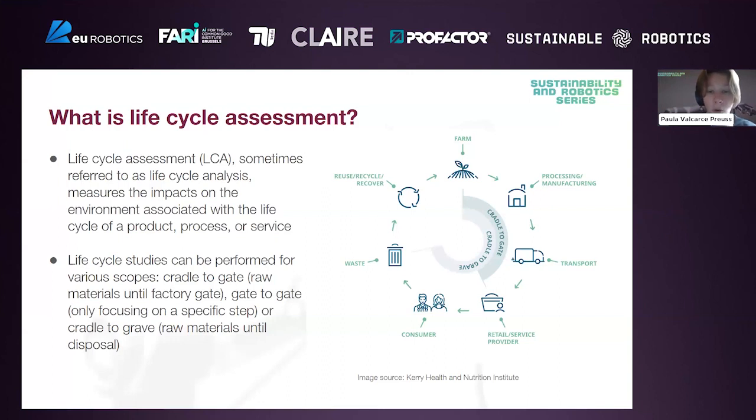So what we mean by the whole life cycle is really from raw material extraction to manufacturing, to transport, to the retail or service provider, and then all the way to the use phase, disposal, and recycling. Obviously, these are a lot of steps inside the life cycle, so not all life cycle assessments have to cover the entire life of the product.